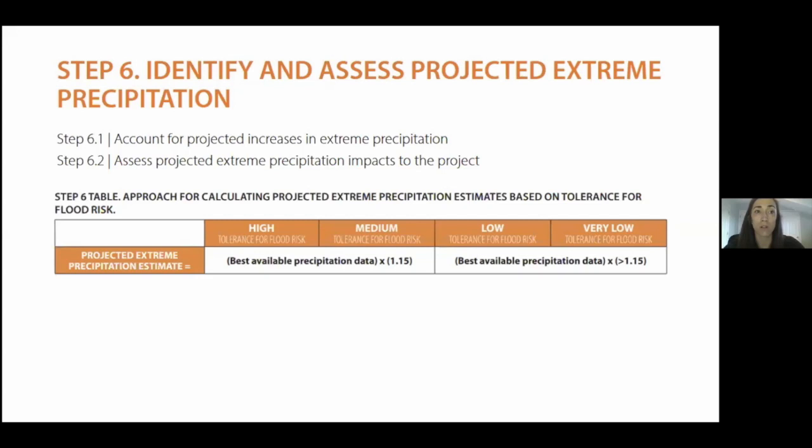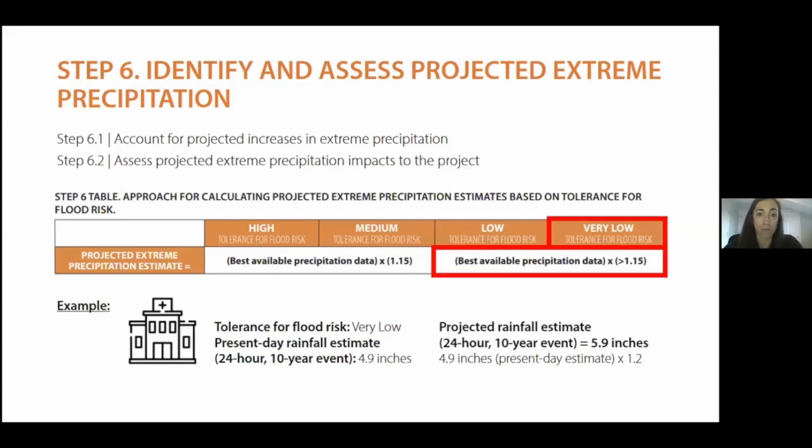So many of you are likely already familiar with how to incorporate these projected changes in extreme precipitation into your stormwater drainage analyses, for example. But for those of you that might need a refresher, here's another example.